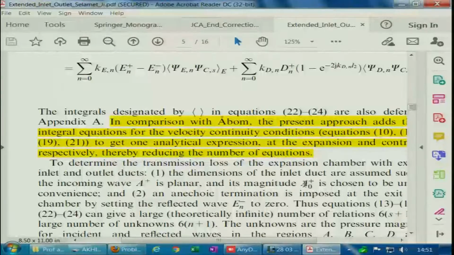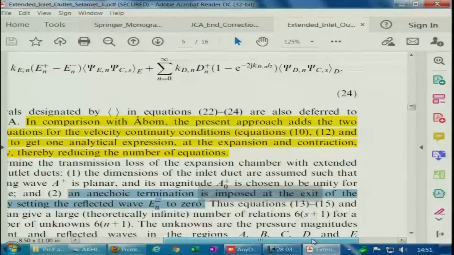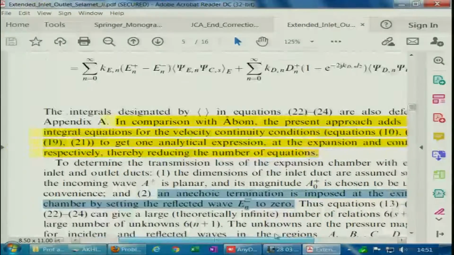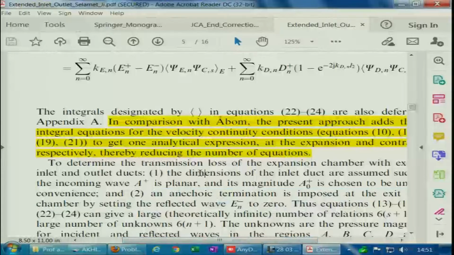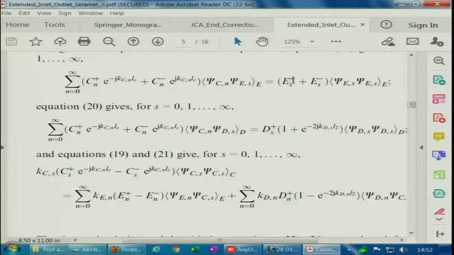That is what an anechoic termination is: imposed at the exit of the chamber by setting the reflected wave coefficients E n to 0. Like this, the number of unknowns reduces. So, this one is set directly to 0, this one is directly set to 0, and once you do that, you get all these things, and D plus is there.